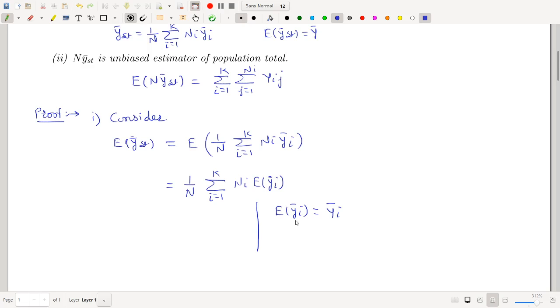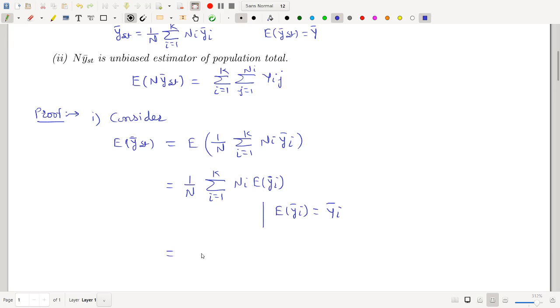Because small y bar i means ith strata sample mean and capital Y bar i means ith strata mean. So from each strata we take observations by using the SRSWOR method, simple random sampling without replacement. And in SRSWOR, sample mean is always an unbiased estimator for population mean. So that's why expected value of small y bar i is always equal to capital Y bar i.